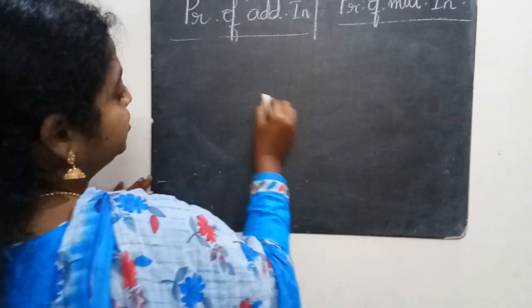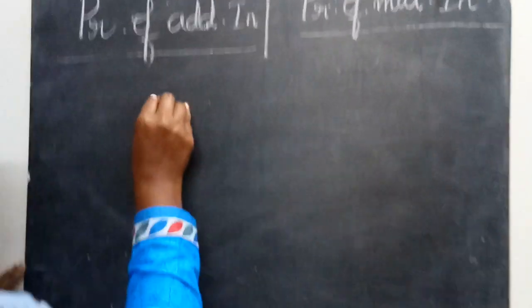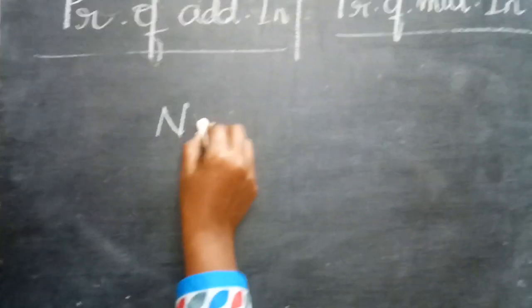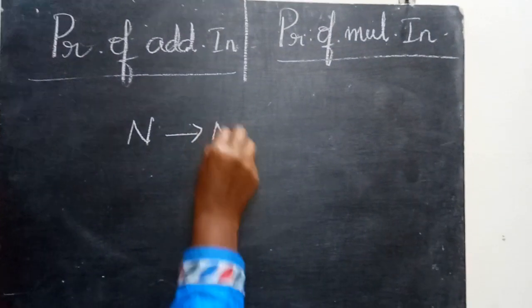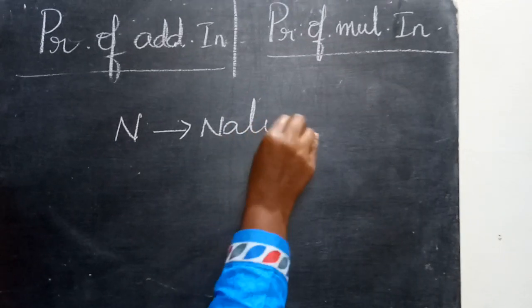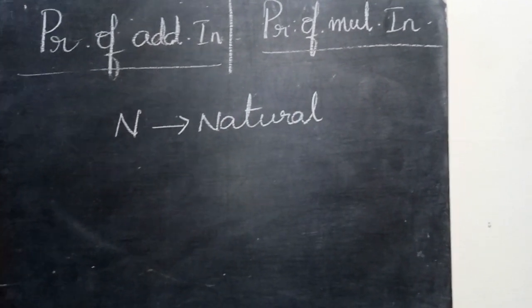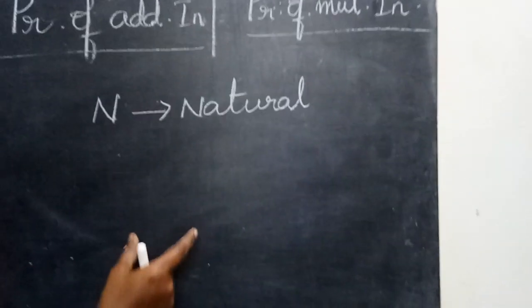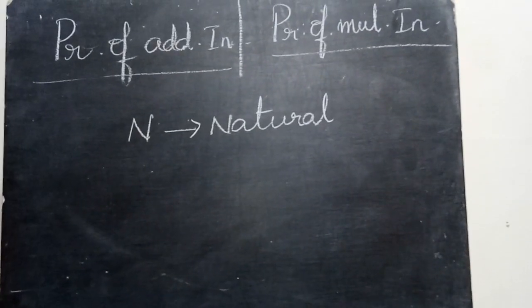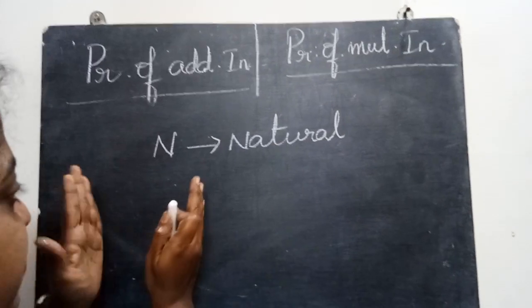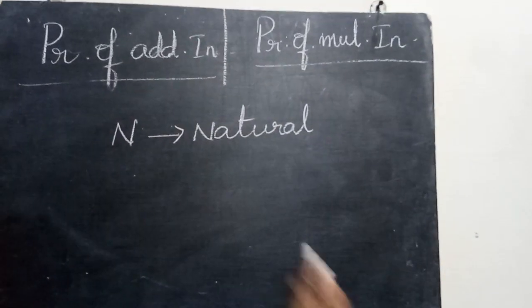Here, already I taught you natural numbers denoted by N, because a few of you may be having the doubt about integers. What is an integer and which letter is denoted for integers? For that reason I am explaining. First we will see this one, then I will go for the next property.